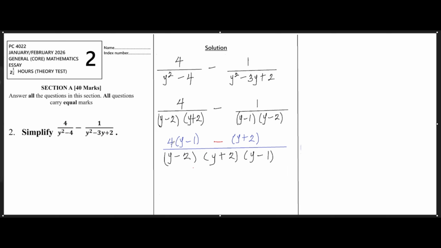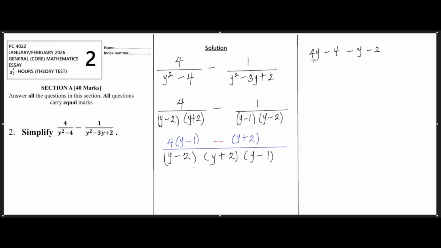So 4 multiplying this expression. 4 by y, that is 4y. And then 4 by minus 1, minus 4. Here is minus 1, so when we expand the bracket by minus 1, we have minus y minus 2.